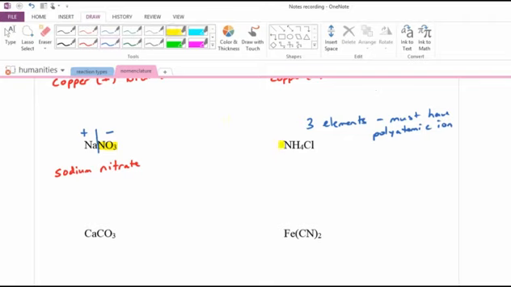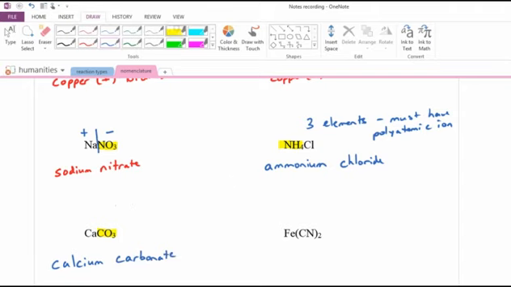You've got to know your polyatomic ions so that you can recognize NH4 is ammonium, Cl is still chloride. In this next one, CO3 is your polyatomic ion, Ca is calcium, no Roman numeral because it's in group 2, CO3 is carbonate.